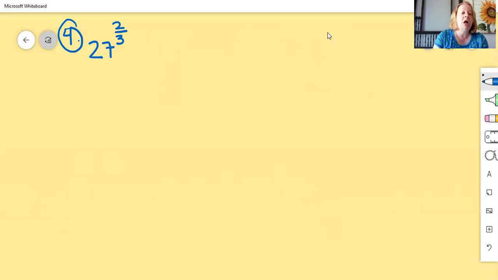So this first one, I'm going to convert 27 as 3 cubed because we just looked at that in a previous example. So I'm going to multiply that times 2/3. The 3's cancel. So I'm left with 3 squared, which is 9.